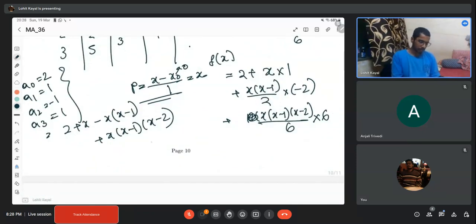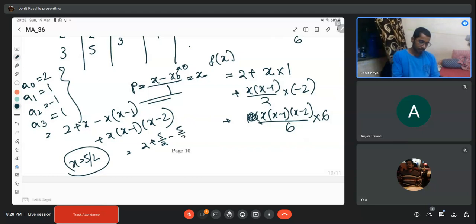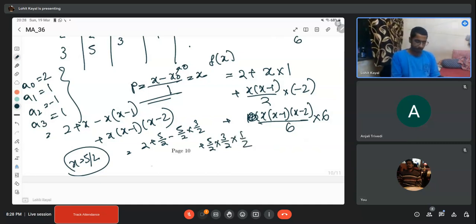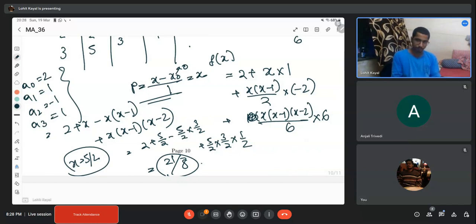Now you just need to substitute x equal to 5 by 2 in this place, and you will get 2 plus 5 by 2 minus 5 by 2 into 3 by 2 plus 5 by 2 into 3 by 2 into 1 by 2. So you will finally receive the result 21 by 8, if you do the complete calculation.